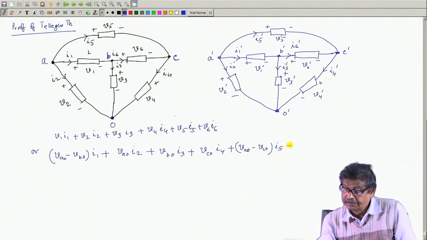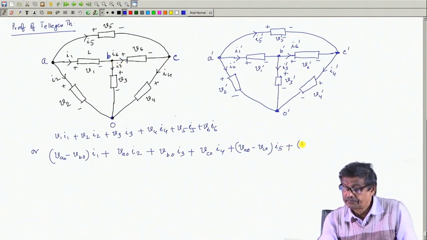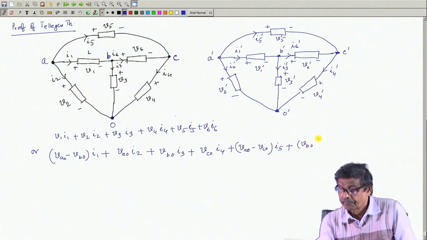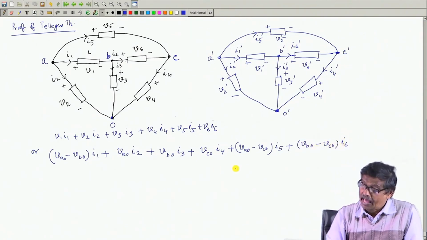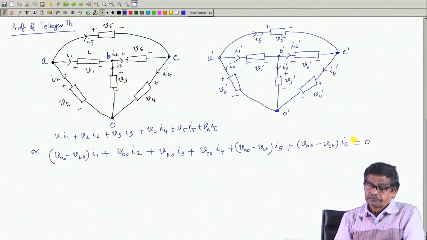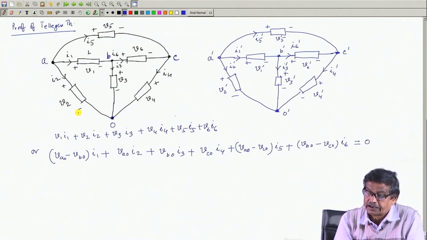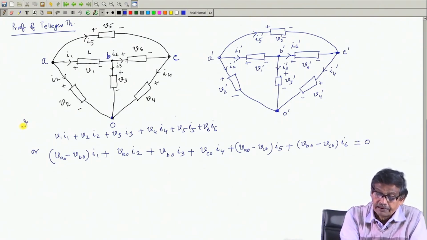And finally, the voltage across this element 6 is V_B0 minus V_C0 into I6. And this I know is certain to be 0, because power absorbed by all the elements in this network A, in network A.